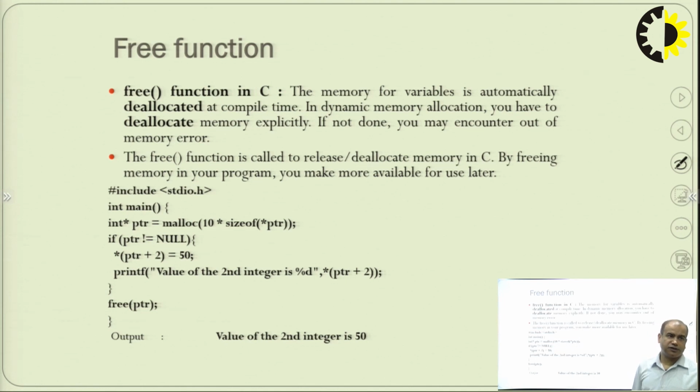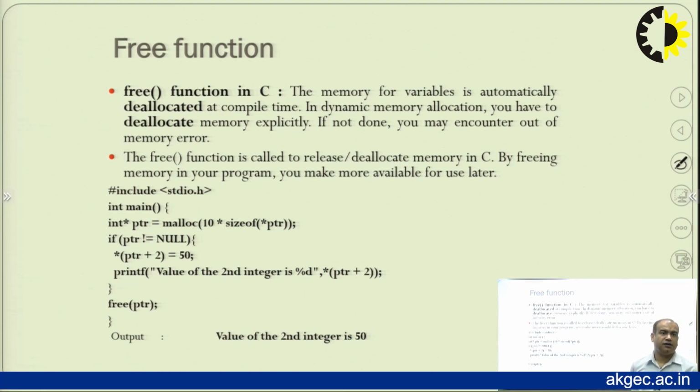The last one is the free function. In C, the memory for a variable is automatically deallocated at compile time. In dynamic memory allocation, we have to deallocate memory explicitly. If not done, we may encounter an out of memory error.